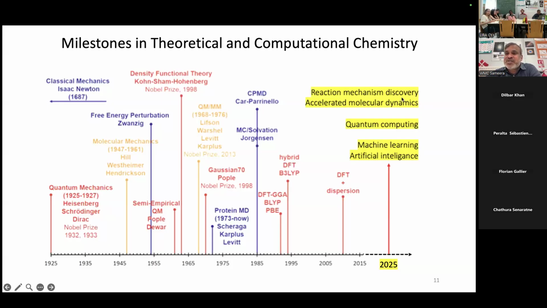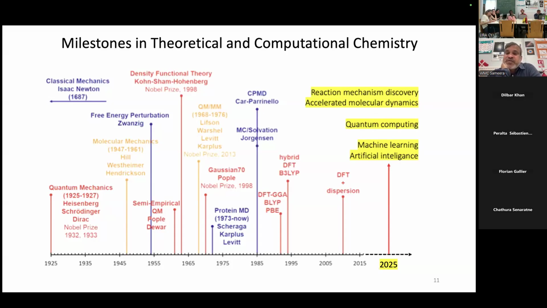Reaction mechanism discovery is a very hot topic, and we can now use automated algorithms to search very complicated reactions. And molecular dynamics simulations we can do using acceleration on GPUs.